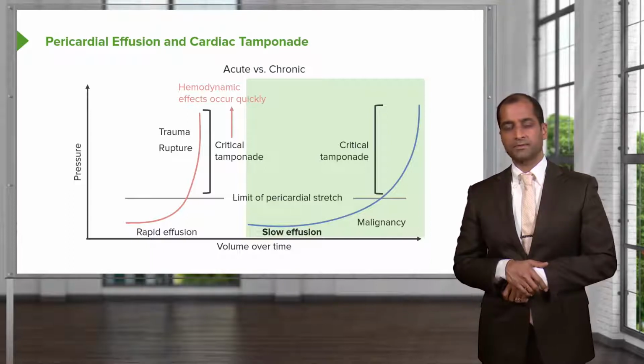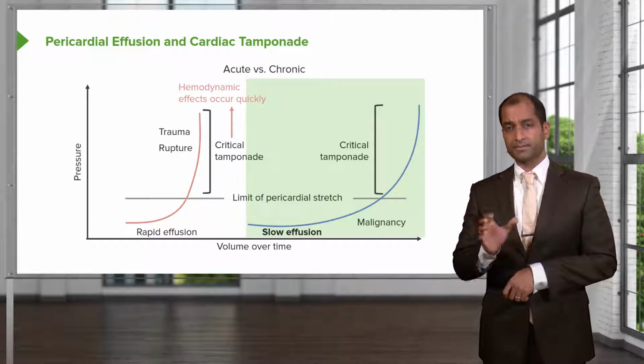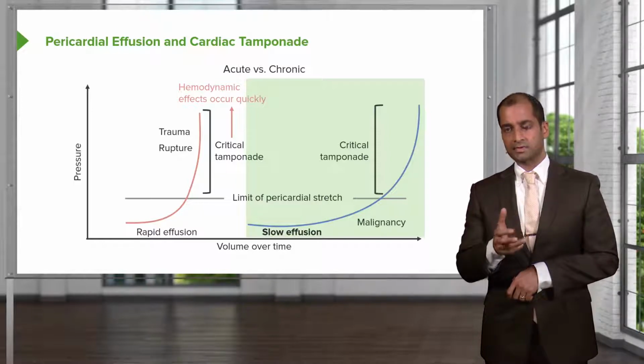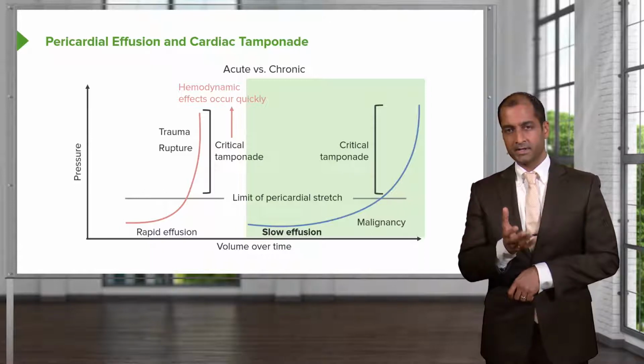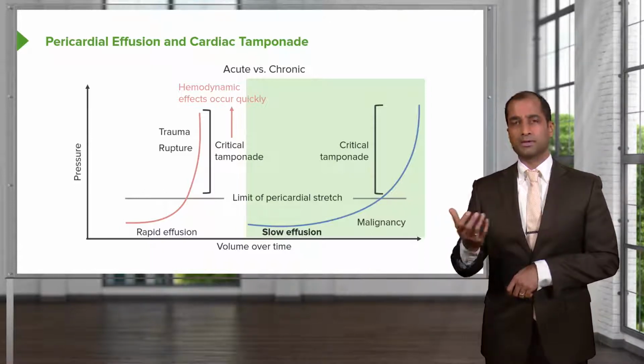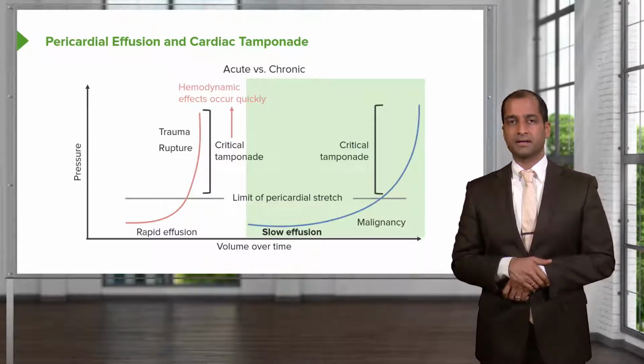A few times now, we've also talked about rupture. You want to keep in mind or keep separate wall rupture versus septal rupture, right? Septal rupture would result in a VSD type, a systolic murmur. A wall rupture would then result in rapid accumulation of fluid, cardiac tamponade.